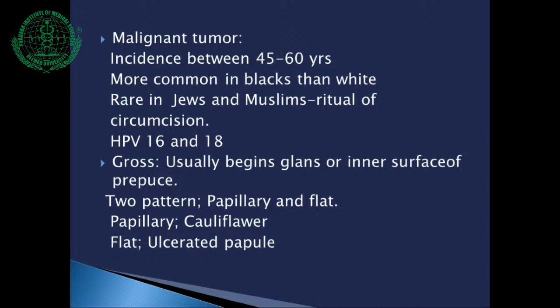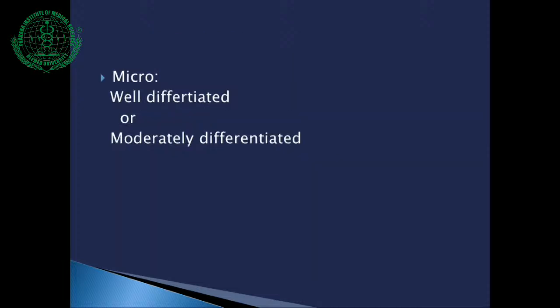There are two types of patterns observed on gross examination: papillary growth and flat growth. Papillary growth may be a cauliflower type of growth, and flat growth usually shows ulcerated papules. On microscopic examination, it shows two types of malignant squamous cell carcinoma.